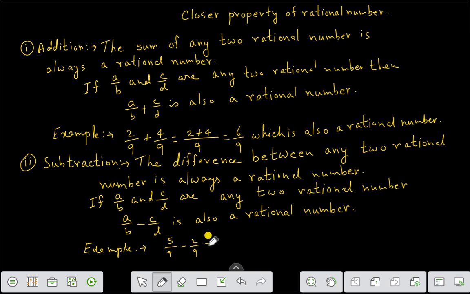Then you are getting 5 minus 2, that is 3 by 9, which is equal to 1 by 3, which is also a rational number.